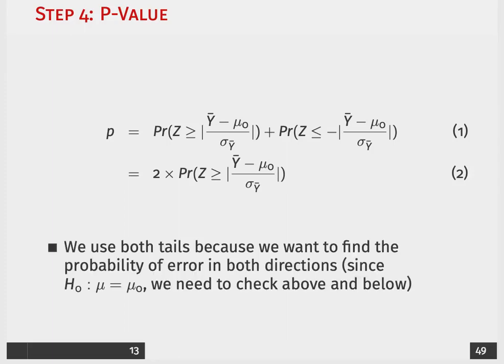What we're doing here is a two-sided test, so that's why we're doing above and below. We may be doing a directional hypothesis test, and we'd only look at maybe the top or the lower tail.